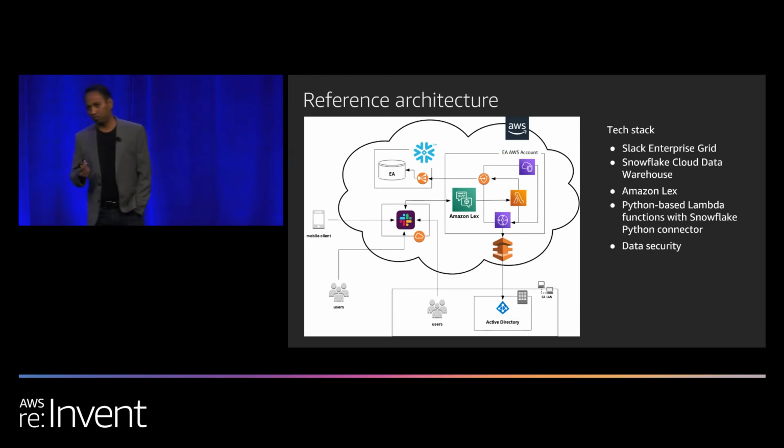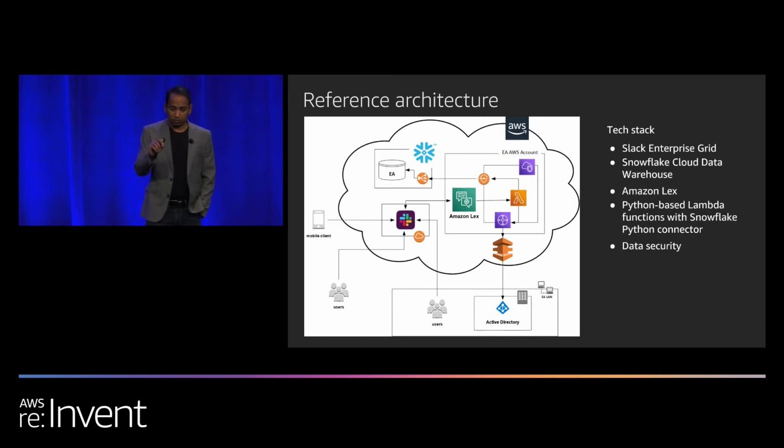What I mean by that is, I myself may have access to only sales transactions from the United States, whereas Vlad may have access to Europe, right? So we have this role-based security built into our architecture in Snowflake, and we want to take advantage of that and not change anything to implement the Slackbot.